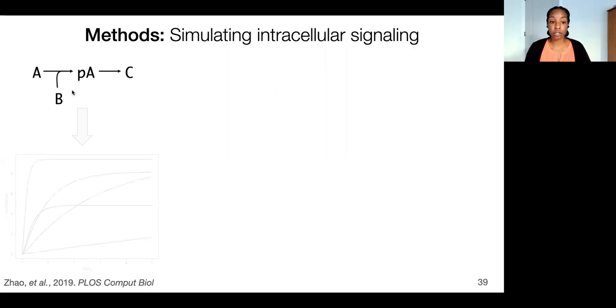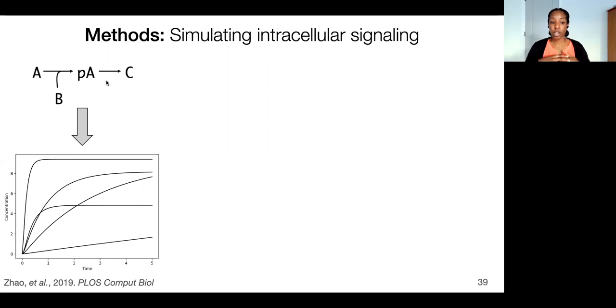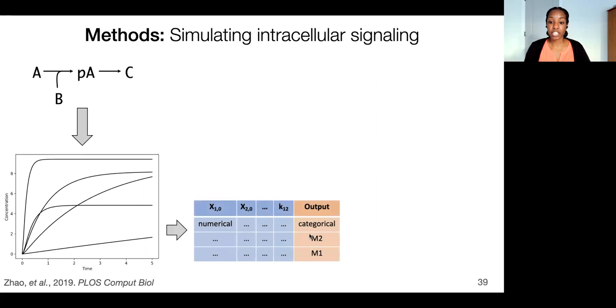It's a signaling model. We can simulate this ODE model and really do Monte Carlo simulations in order to get a range of signaling concentrations and time courses for different experimental, simulated conditions. And then we have the simulated data set. We can take the output as being categorical.